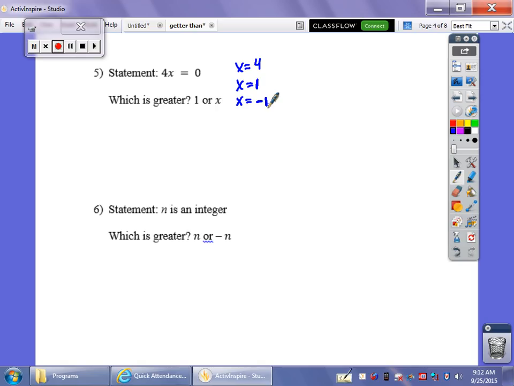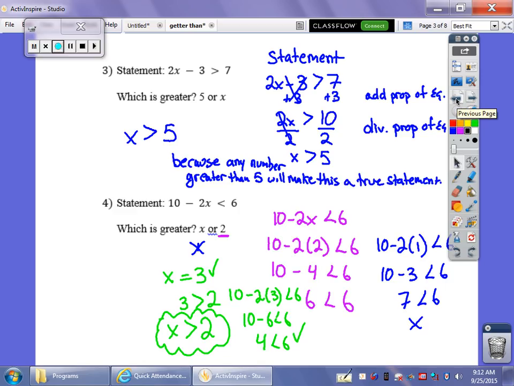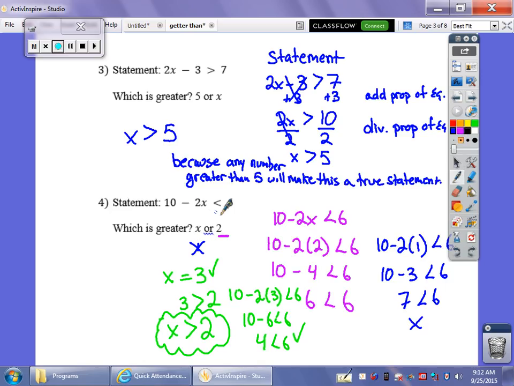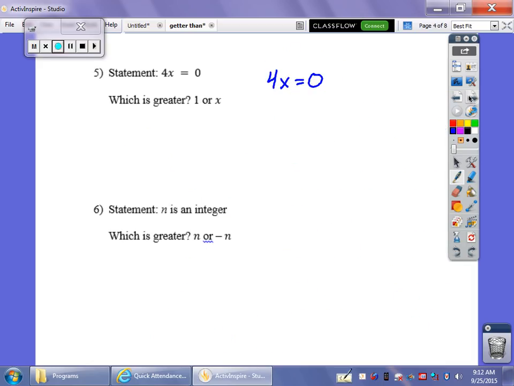Actually, I'm lying, this gives us an equation, and we want to solve this equation. 4x equals 0. If you go back and look at number 4, this was an inequality. That's why we had a range of answers. Number 5 is an equation, so we can only have one answer.